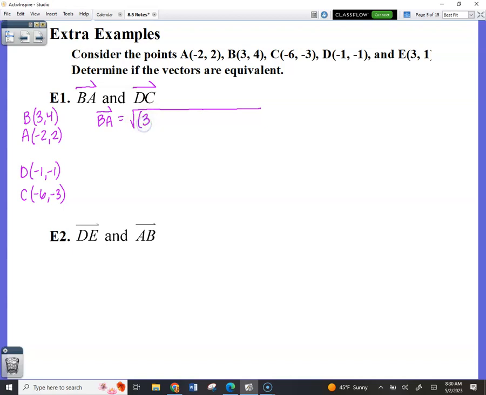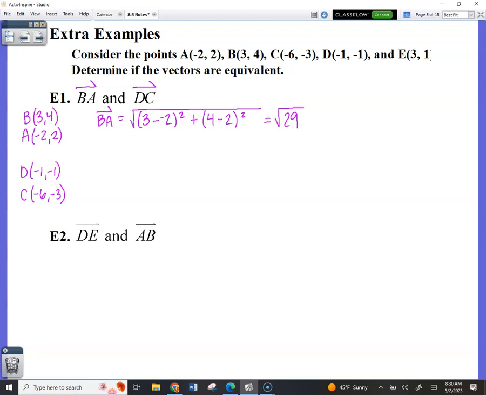So I'm just going to subtract them by reading it. We've got 3 minus negative 2 squared plus 4 minus 2 squared. If you type that in your calculator, you get the square root of 29. Carry the square root and just leave it. You don't have to break it down.